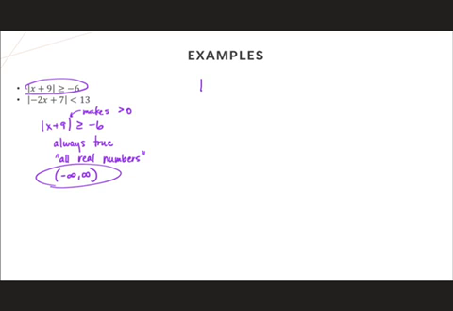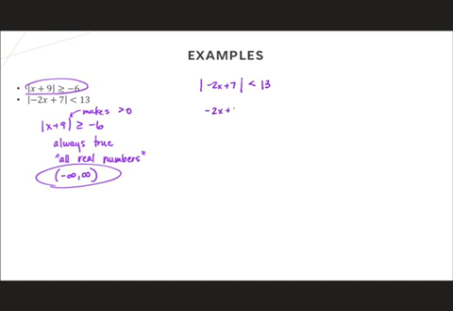The absolute value of negative 2x plus 7 is less than 13. The absolute value is by itself, and it's less than a positive number, which is totally allowable, but it's not always going to be true. It's not a scenario where I'm greater than a negative number, which is always true. This might happen. So I've got the absolute value by itself, and I'm still going to split it into two cases.